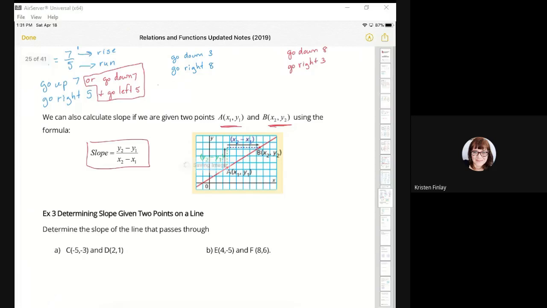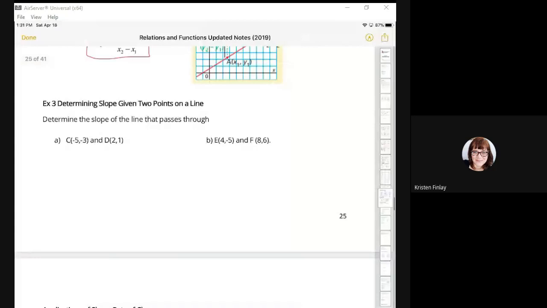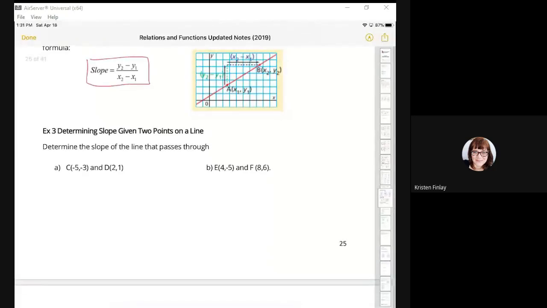Because we don't always have the drawing, this formula can work for us. So let's take a look at this first one here. We have C, -5, -3, and D, 2, -1. So C would be x1, y1, and D would be x2, y2.